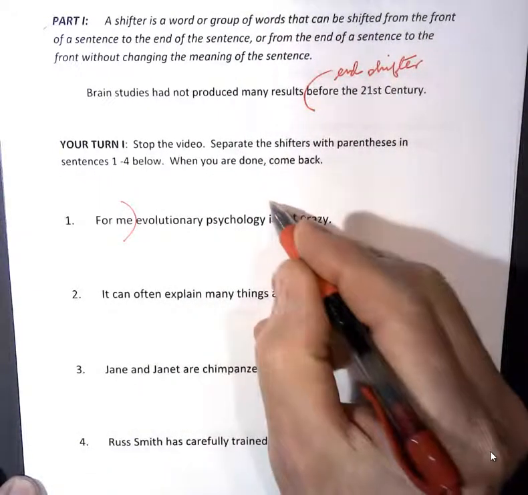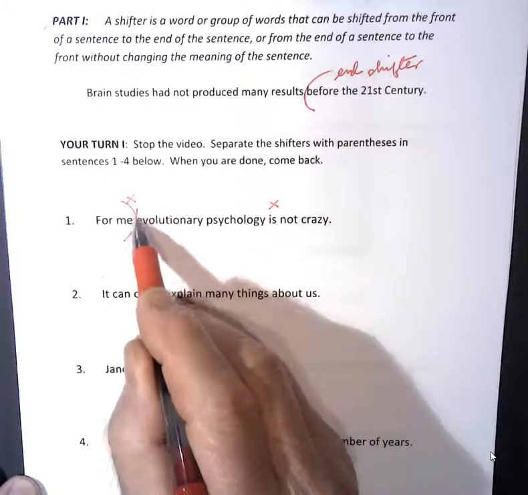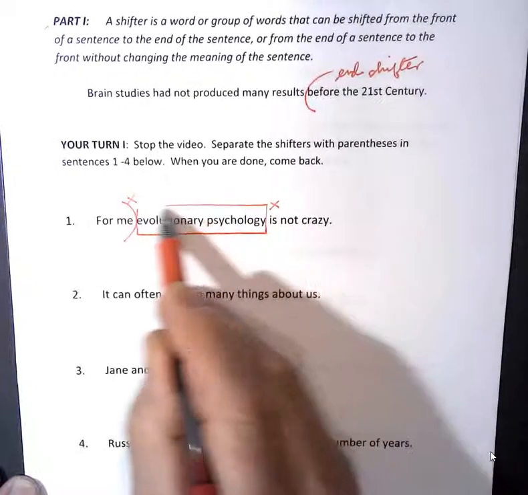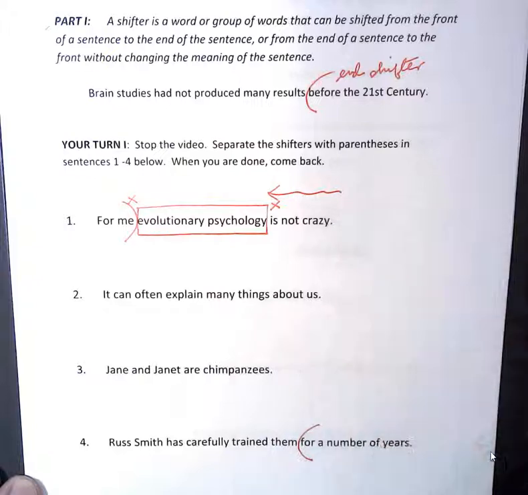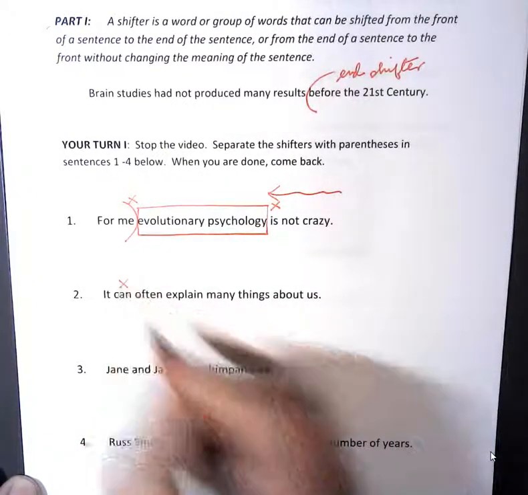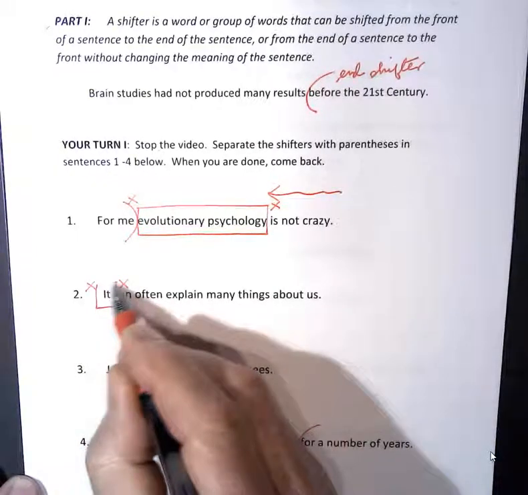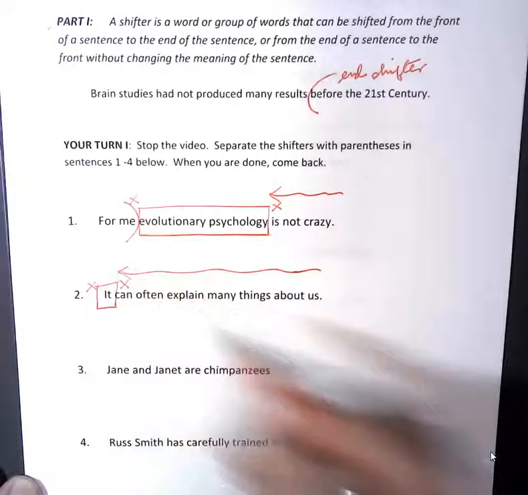So, is the X word, is evolutionary psychology, evolutionary psychology is the subject, and then everything left is the predicate. It can often explain many things about us. Can it often explain? Everything left is the predicate.